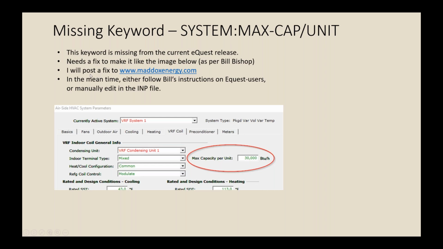My plan is to post a fix to my website for this, because it's a fairly simple thing. You just switch out, I think, one file. In the meantime, you can either follow Bill's instructions if you want to modify that keyword value, or you can manually edit the input file if you only have a few condensing units to do manually.